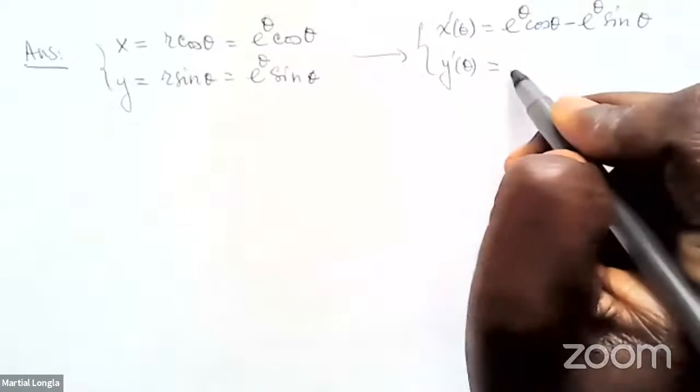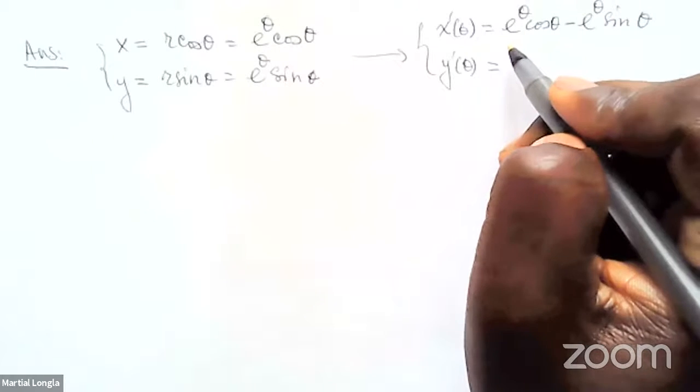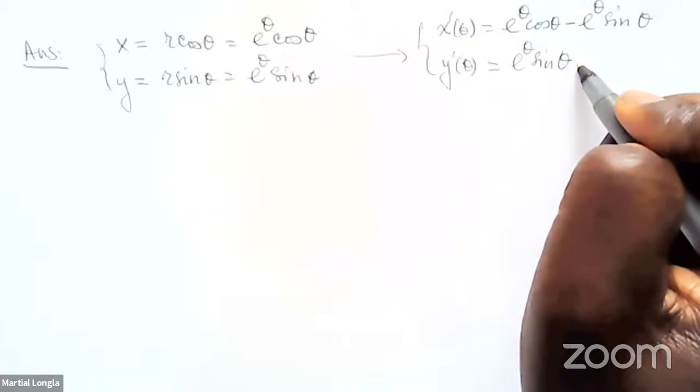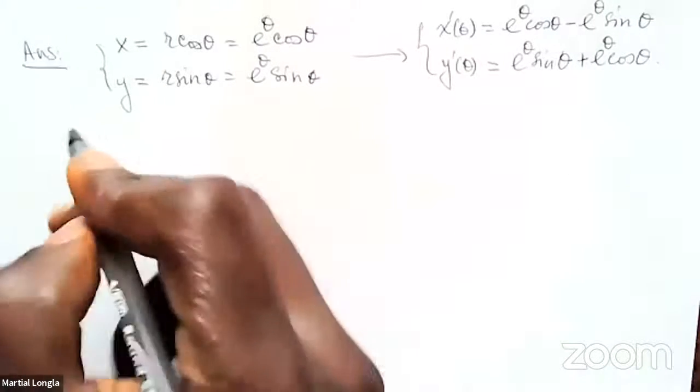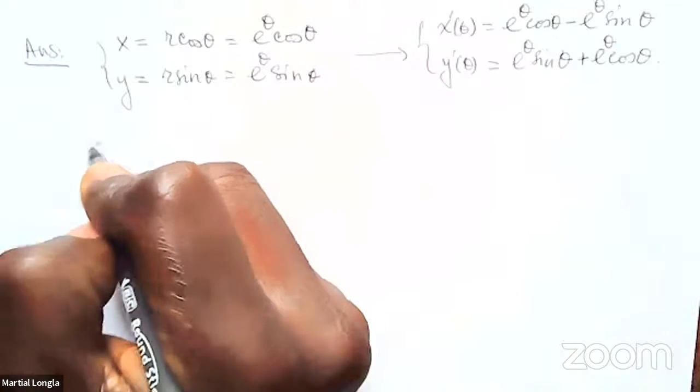Yep. And then e to the theta sine theta plus e to the theta cosine theta. So that's it. And then you set up dy over dx.